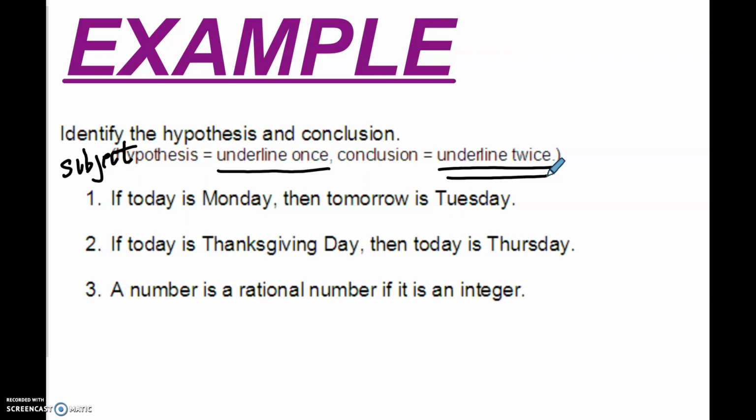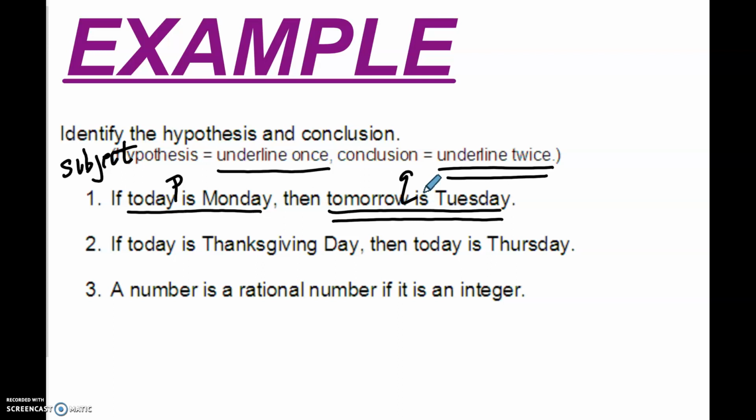So if today is Monday, then tomorrow is Tuesday. Today is Monday, that would be your subject, your hypothesis, the P part. Tomorrow is Tuesday, that is the predicate. That is the Q part.